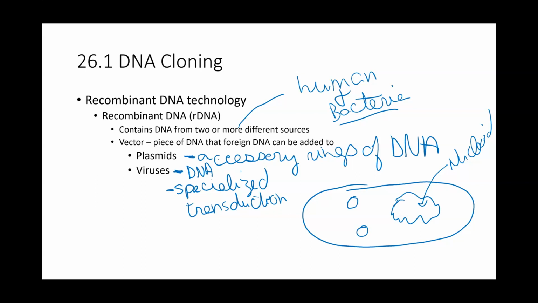And so instead of the virus producing viral DNA and viral proteins, they now have this special DNA that's in there from some source. And then they can use that virus to infect another cell to give that cell that specific DNA.